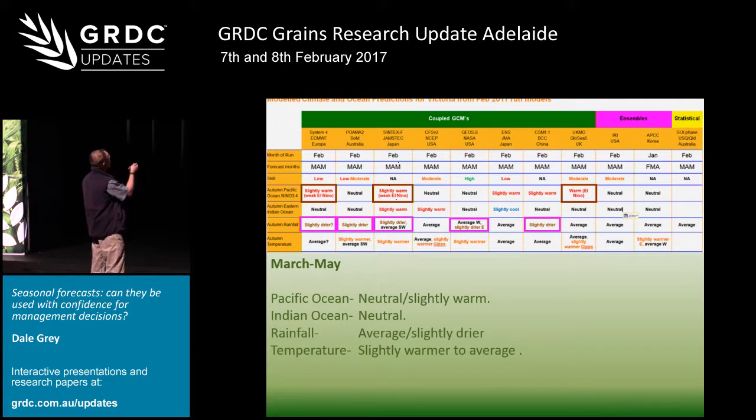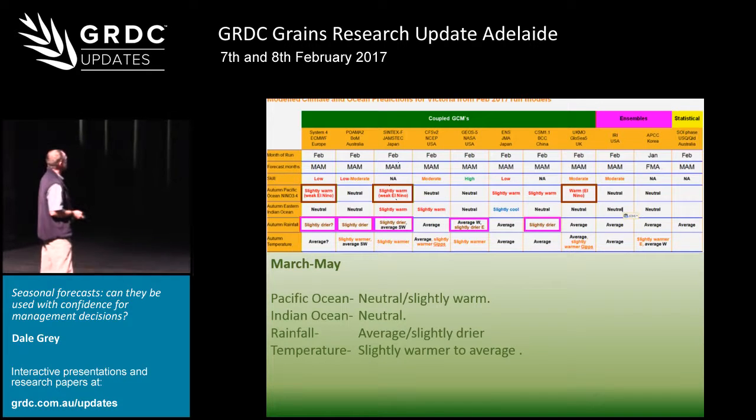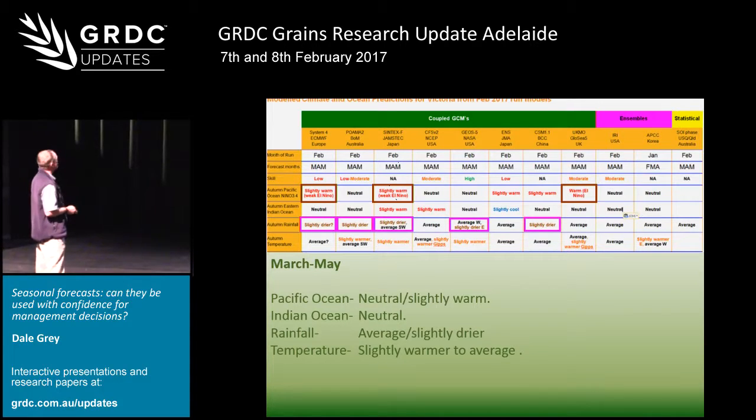There's only one model there, from NASA, which is reporting high skill in autumn, which is actually hard to believe, but anyway, that's what they're quoting. We have 3 models here predicting a weak El Nino in the next 3 months, which is interesting given that we have seen no evidence of one at the moment, nothing much happening in the Indian Ocean, and sort of half these models have got slightly drier tendencies for the next 3 months and warmer as well.